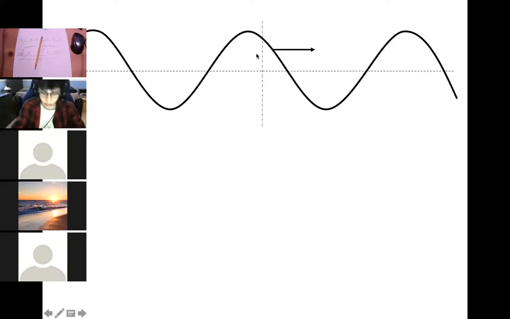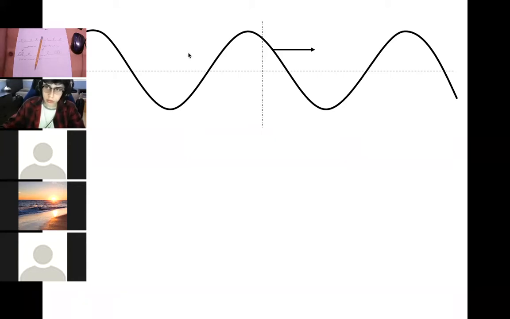Well, if 20 waves go through that spot in 10 seconds, how many go through in 1 second? I'll repeat. If 20 waves go through that location in 10 seconds, how many waves go through in 1 second?